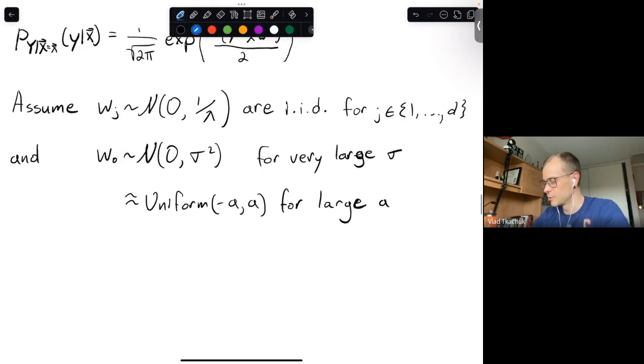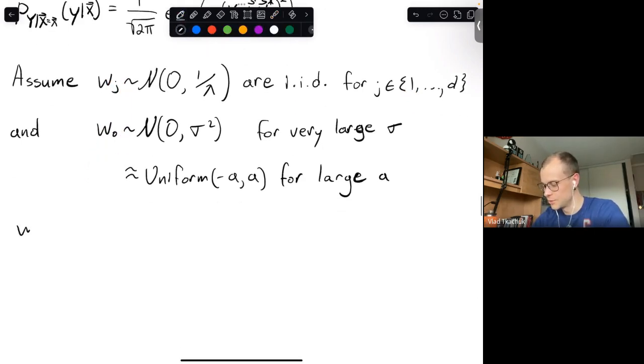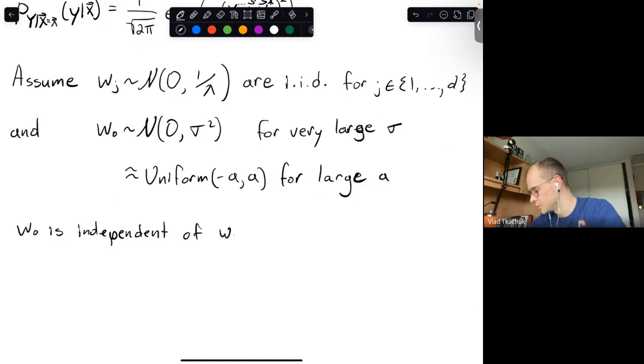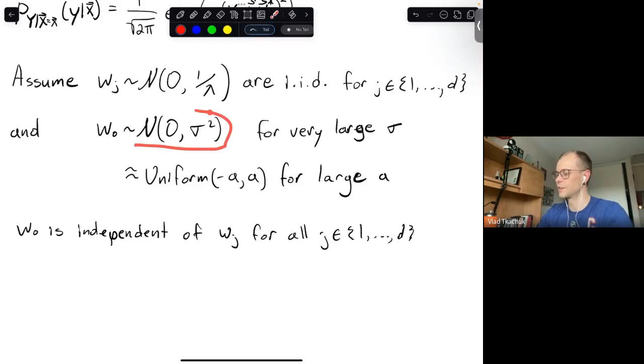So we also assume one more thing, which is that W0 is independent of Wj for all j. But it is not identically distributed. That's the one difference. It has a different distribution, which is essentially having no prior knowledge on it.